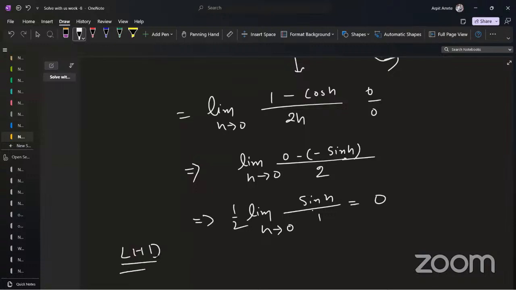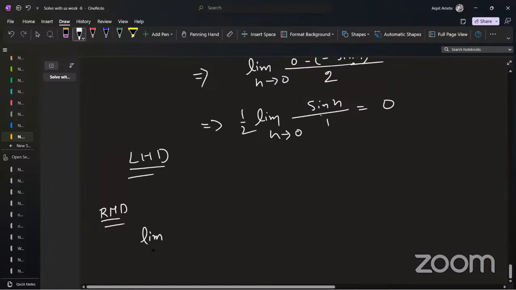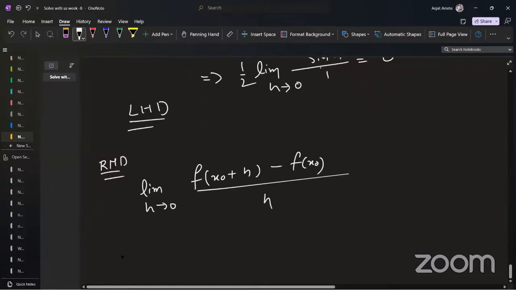Okay. Let's talk about right hand derivative. What it will be? It will be limit h goes to 0, f of x naught plus h minus f of x naught, at x naught we are talking about, divided by h, which is nothing but limit h goes to 0, f of 0 plus h. Okay, I am solving this a little bit faster.